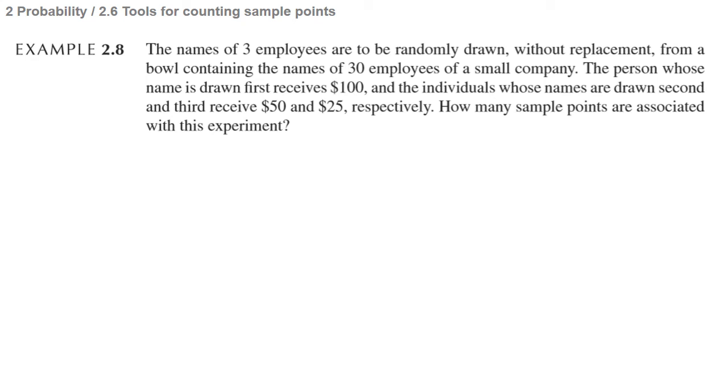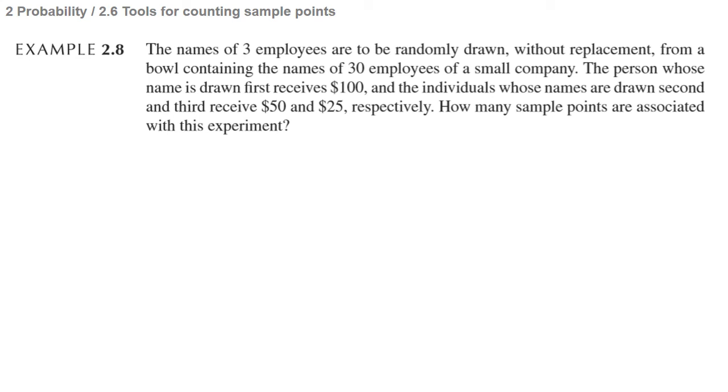Okay, in the bowl there are names of 30 employees, and you are randomly picking 3 names, and the person whose name is drawn first receives $100, and the individuals whose names are drawn second and third receive $50 and $25 respectively.